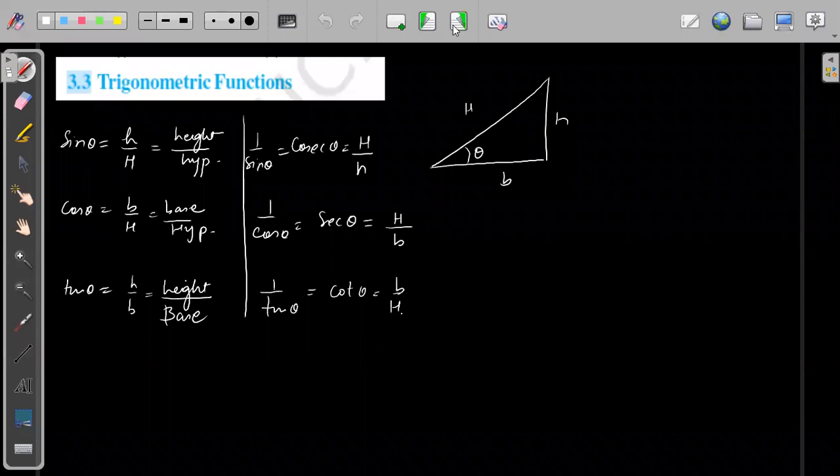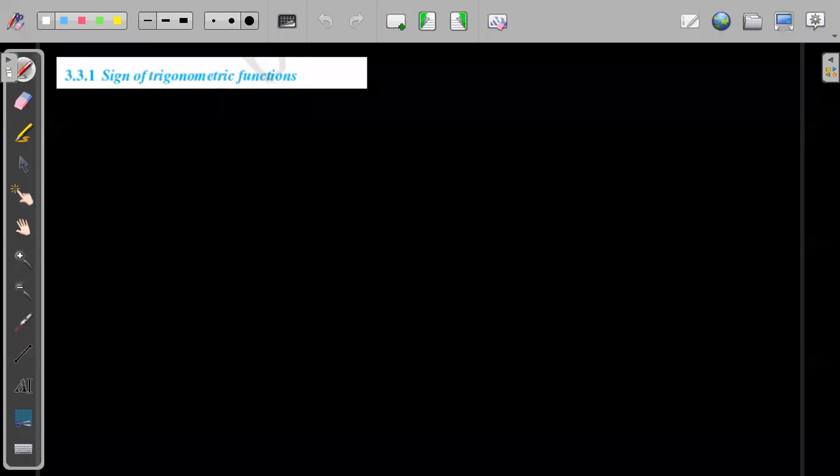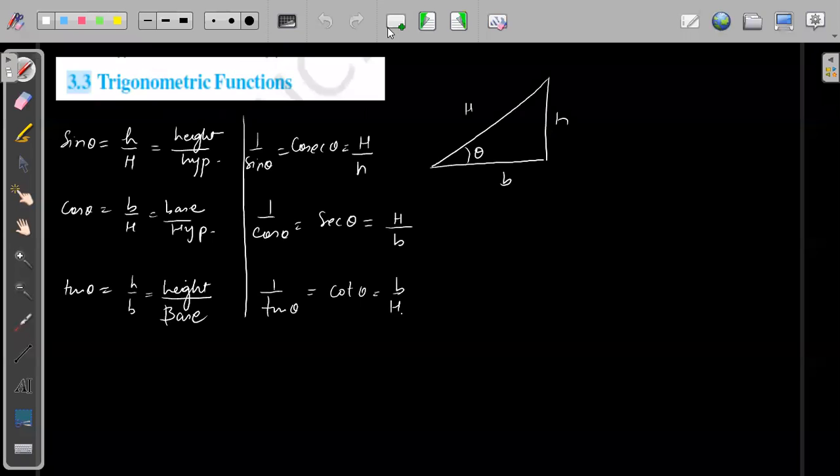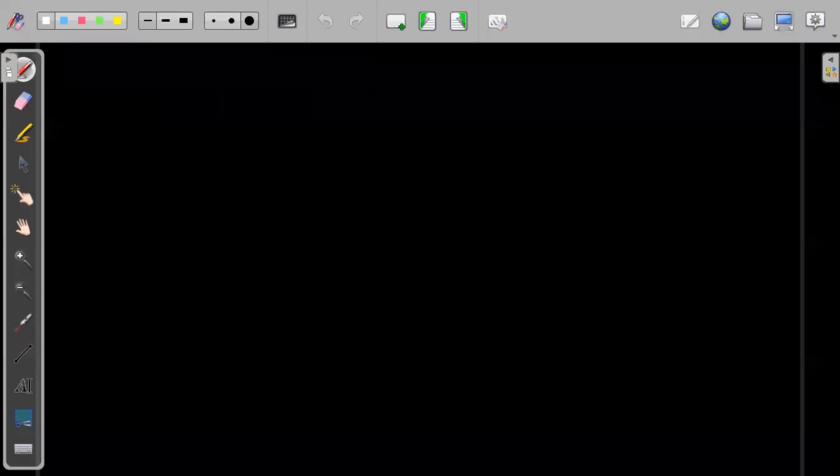So now we will see what are the signs of these six different functions, or one thing we can do is we can see the domain and range.